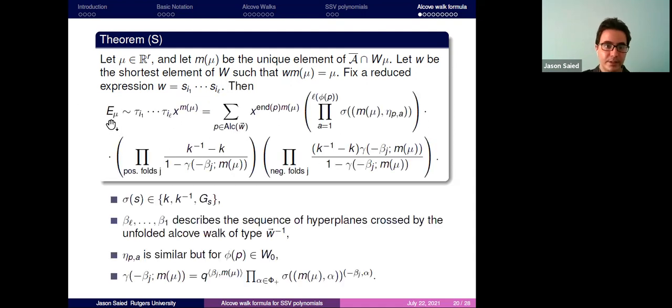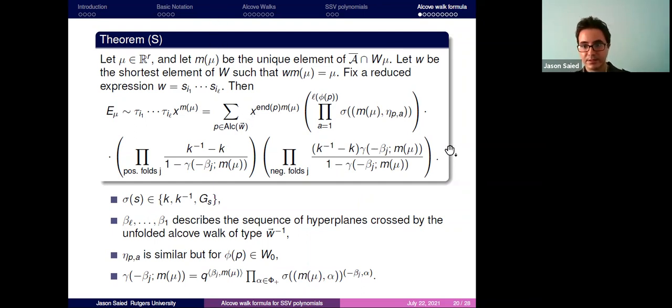So then we know that E mu is, up to a scalar that we can know explicitly, the product of these intertwiners applied to x to the m mu. So as I said, all we need to do is expand this product and then see what happens when we apply it to this monomial.